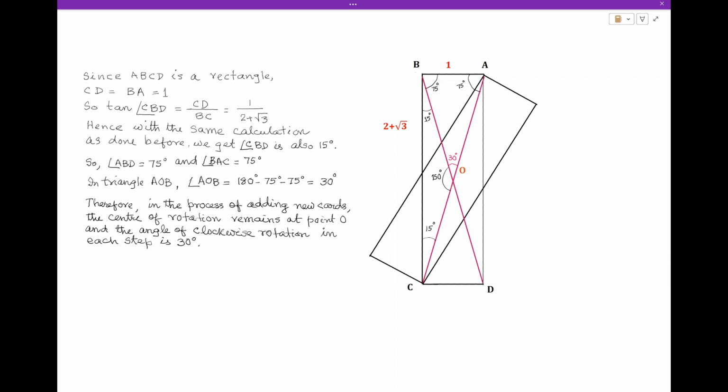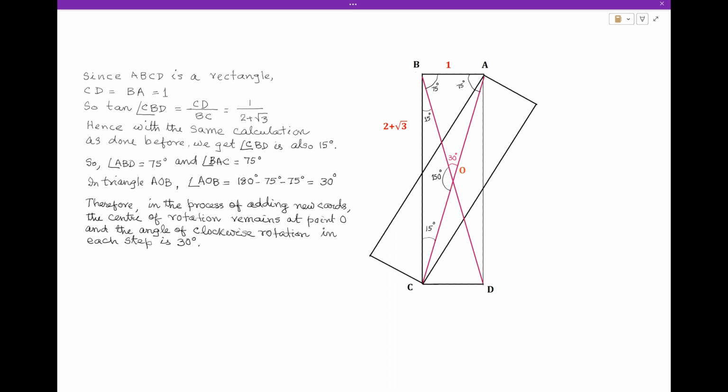Hence, with the same calculation as done before, we get angle CBD is also 15 degree. So, this angle is also 15 degree. Therefore, angle ABD, that is this angle, is 75 degree and angle BAC, that is this angle, is also 75 degree.